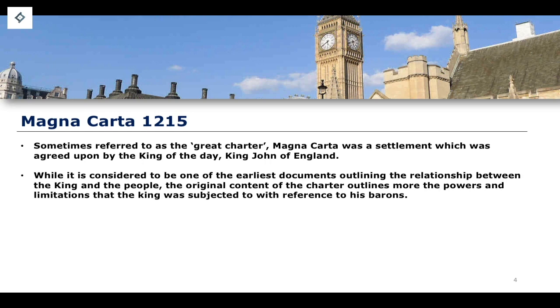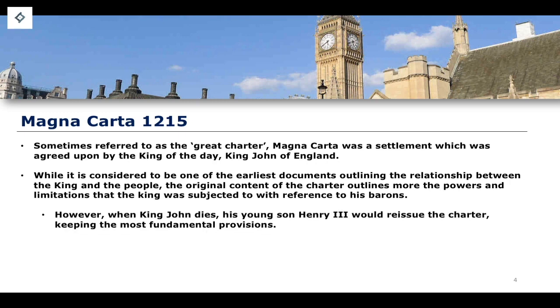It outlines some of the limitations of the powers that the king has over, and is subjected to, with his barons. He was essentially forced to agree to the Magna Carta. No one signed the Magna Carta for a start. It was agreed upon. And even when King John dies, his son Henry III would reissue the charter, keeping some of the most fundamental provisions.